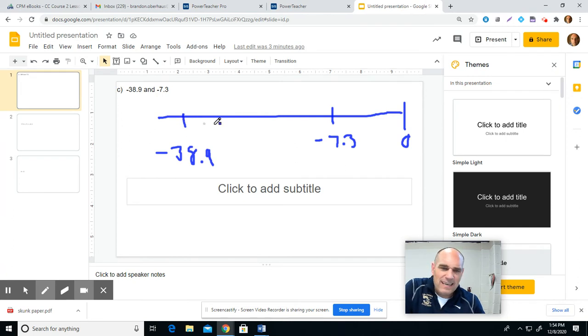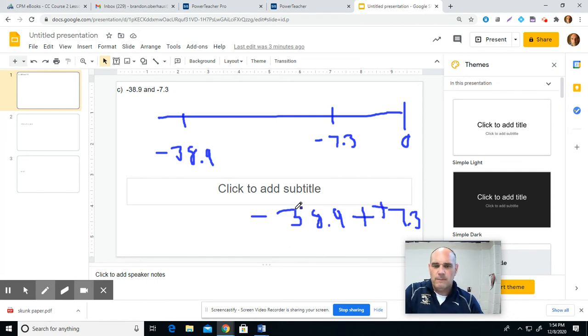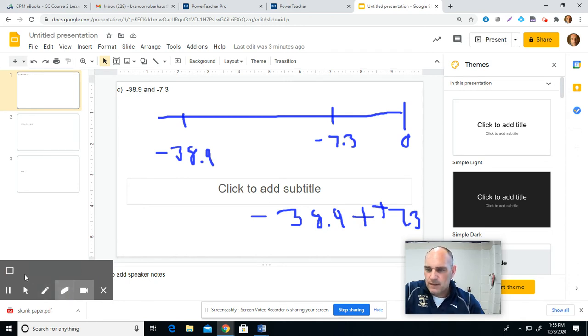And once again, anytime I'm trying to find out how far apart these numbers are, we subtract. So it's negative 38.9, and we're going to subtract negative 7.3. And so once again, we switch the signs, which means we actually subtract here. So hopefully that helps with question 1C.